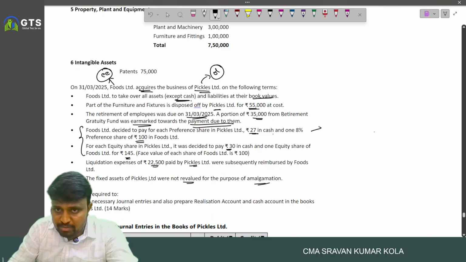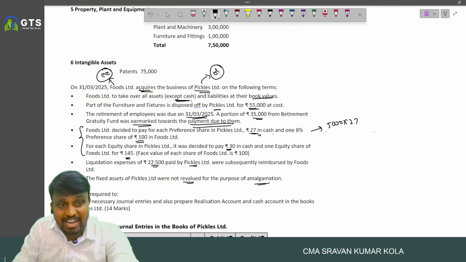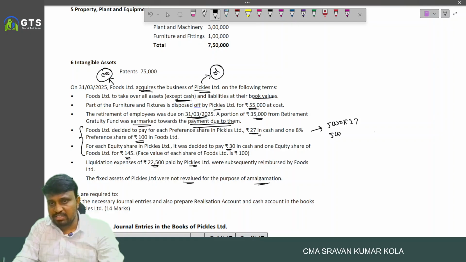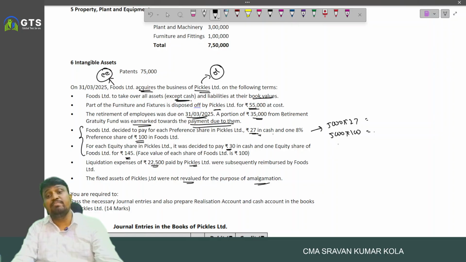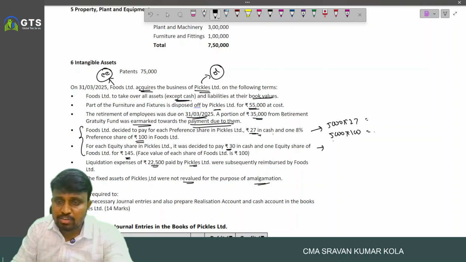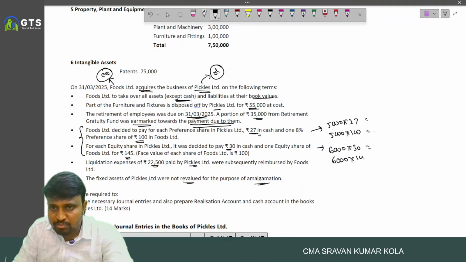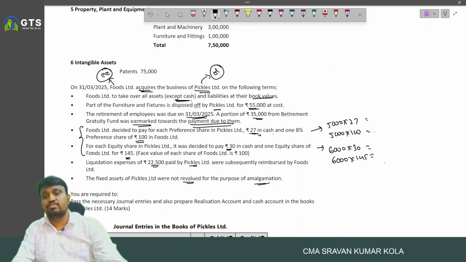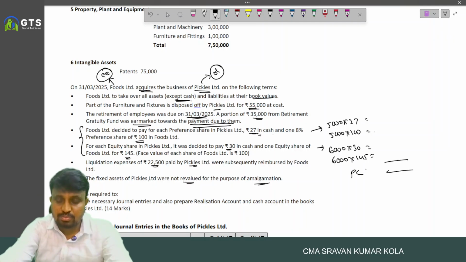So for the preference shareholder, 5,000 into 27 in cash and 5,000 into 100 in 8% preference shares. And equity shares are 6,000, so 6,000 into 30 in cash and one equity share each, 6,000 into 145.